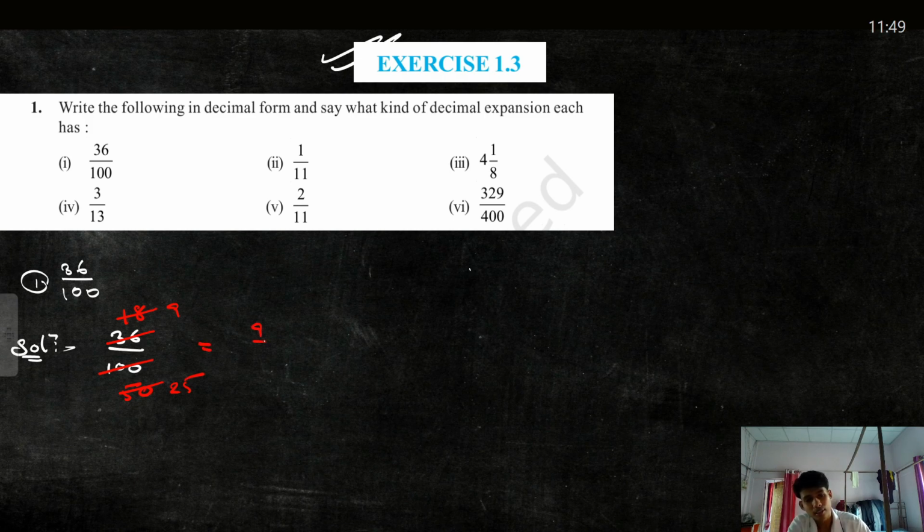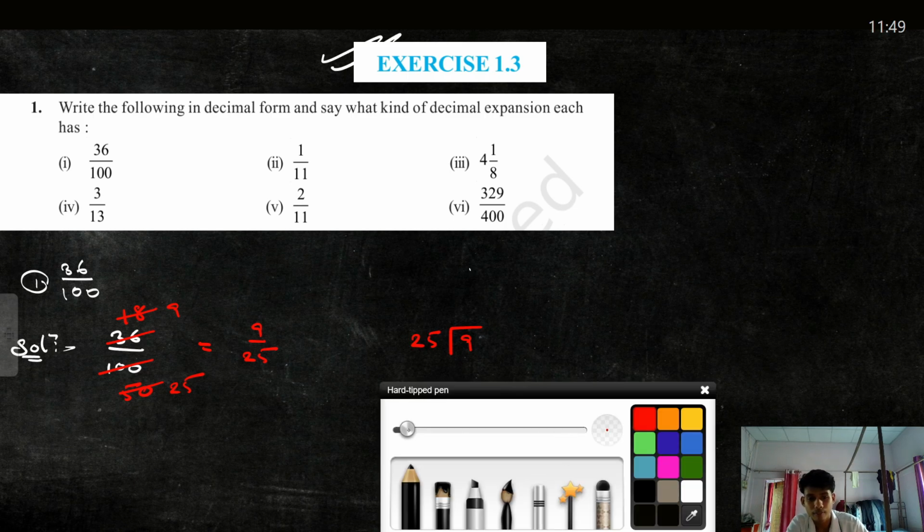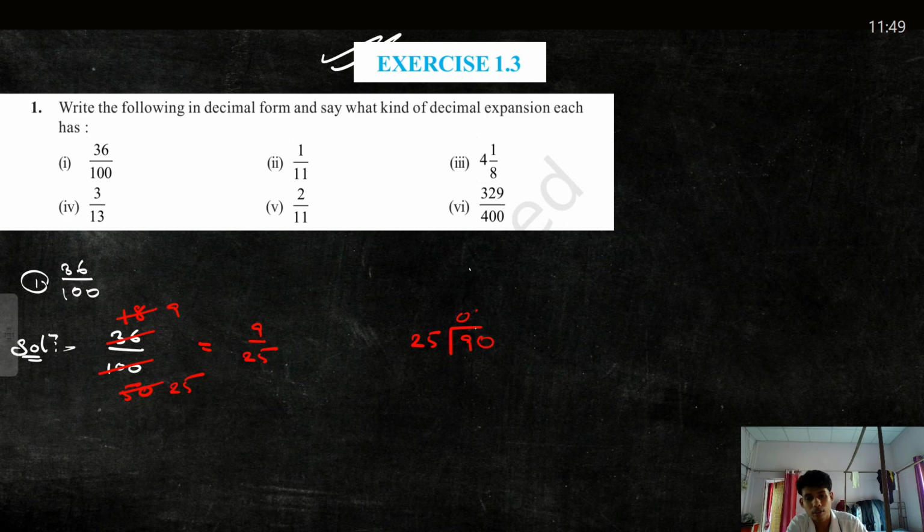That implies 9 by 25, which can be written as 25 times 0, and here comes 0.